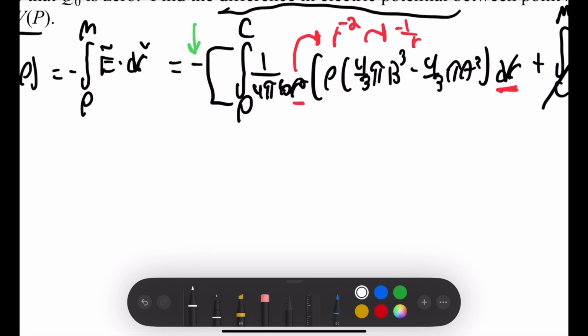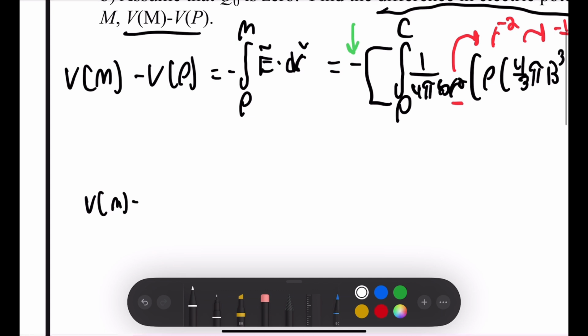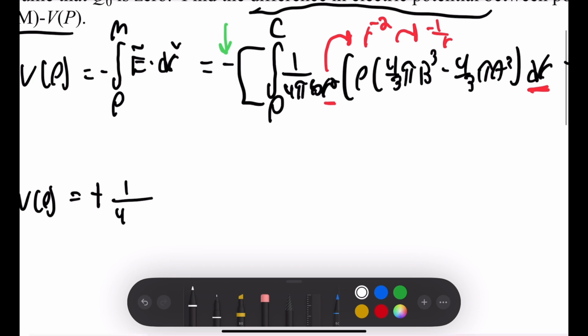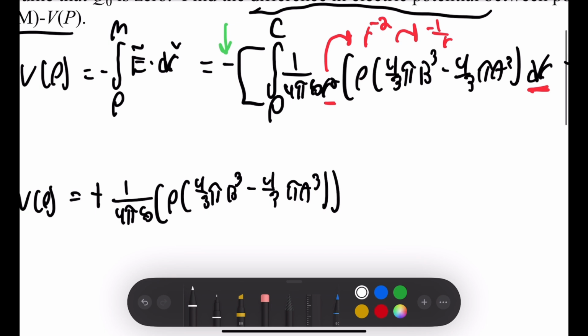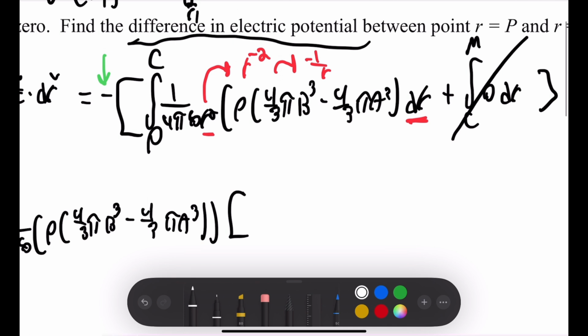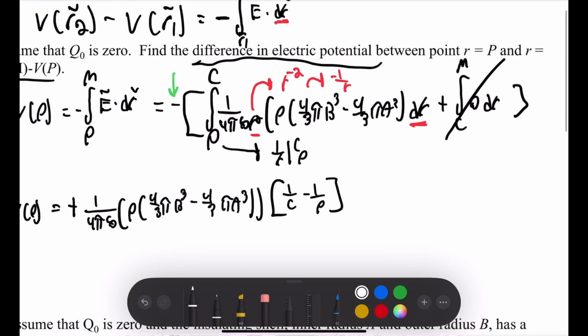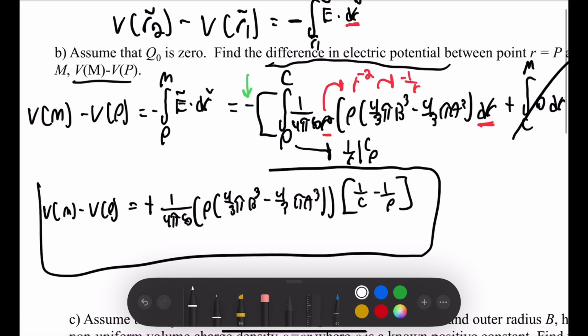So V of M minus V of P is equal to positive 1 over 4 pi epsilon naught rho 4/3 pi b cubed minus 4/3 pi a cubed. And then this is all multiplied by what we got in our integral, which is 1 over r from C to P. So it's 1 over C minus 1 over P. So this would be our answer for this part.